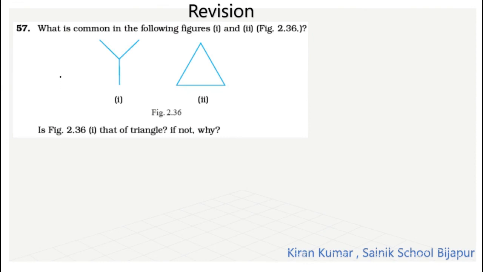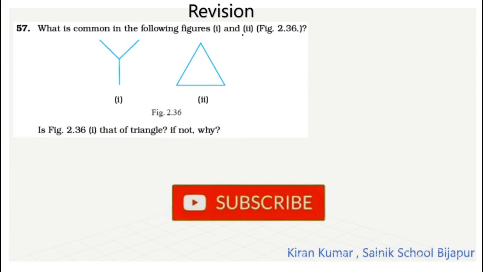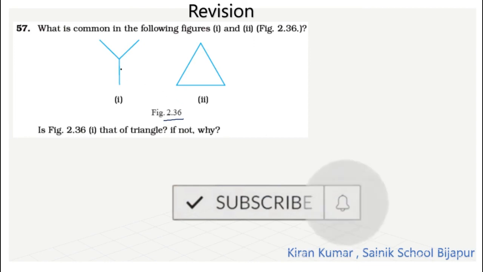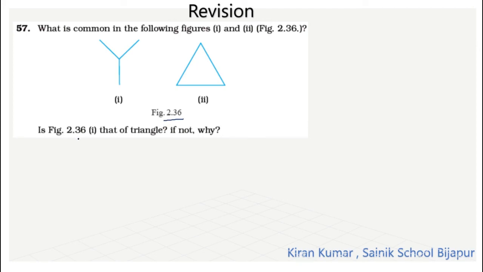Question 57. What is common in the following figures 1 and 2? Look at figure 2.36. We need to identify what is common in both the figures. Is figure 1 a triangle? If not, why? If you count the number of line segments here we have 1, 2, 3 line segments.